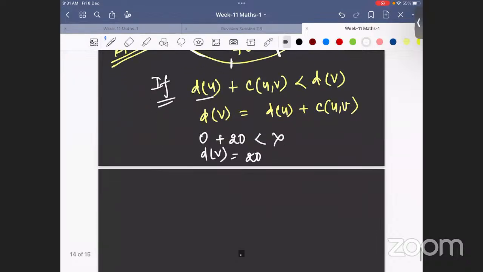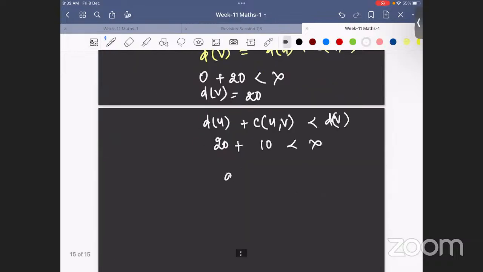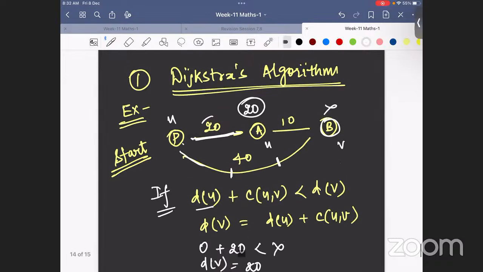And if you are taking it as du again plus c of dv, is it less than dv or not? Then you can think of this as 20 plus 10, right? Is less than infinite. So again you can update the value of dv equals 30. So you can delete it and update the value as 30.